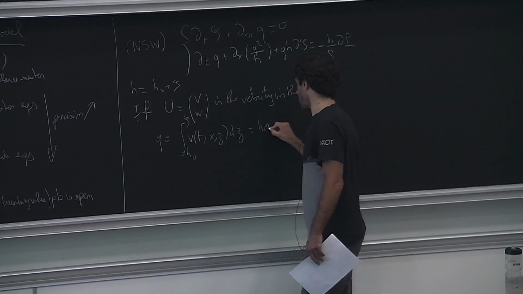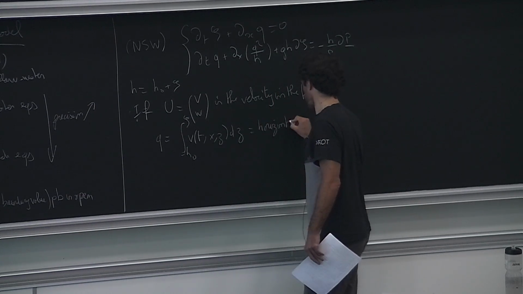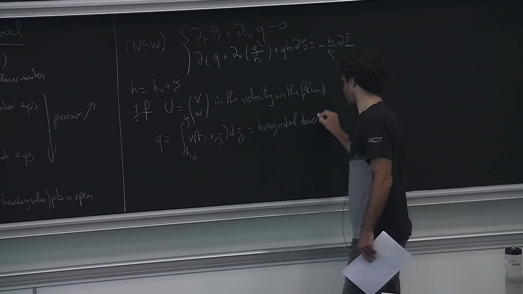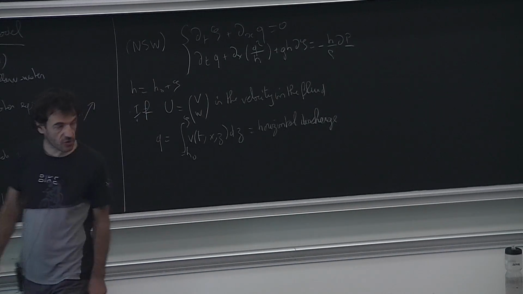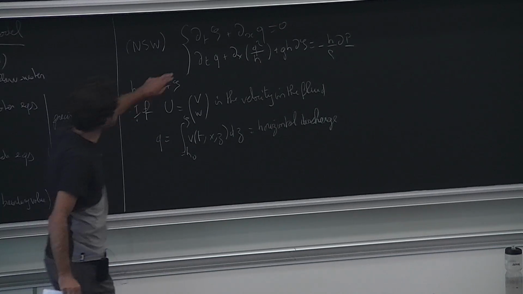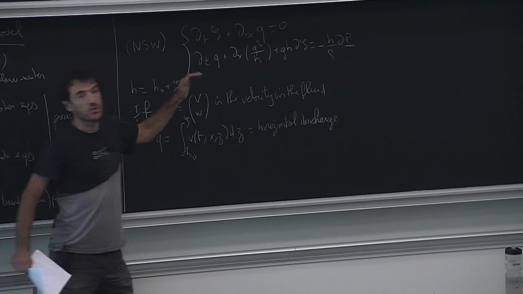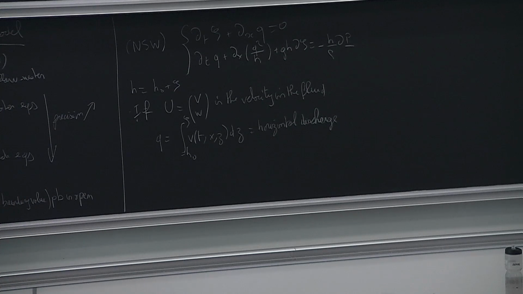And this is the horizontal discharge. Okay? So you have a coupling of two equations on two quantities, zeta, the surface elevation, and q, the horizontal discharge.